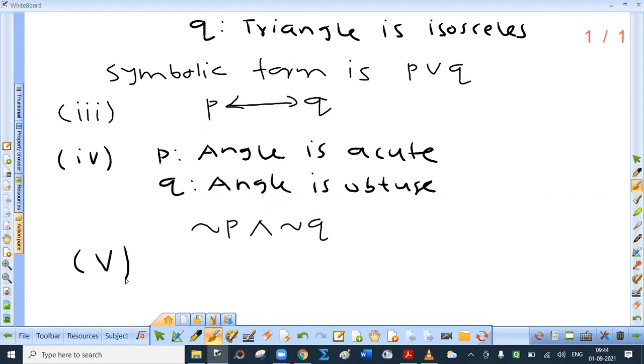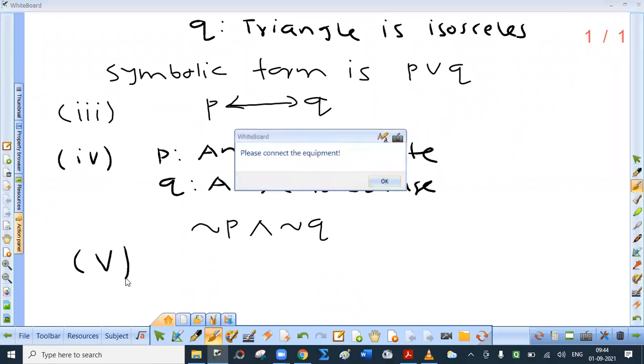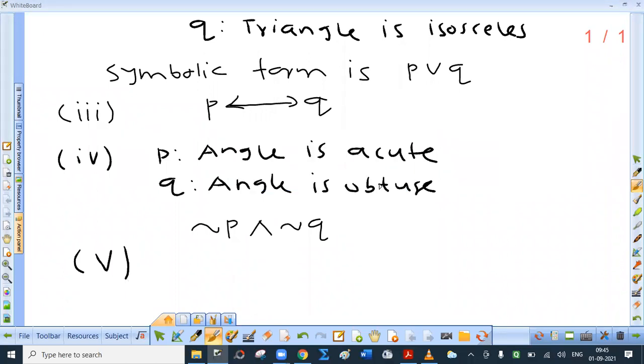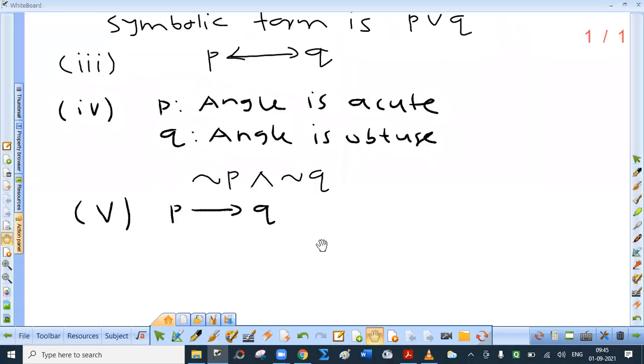Write down, let P denote: triangle ABC is right angled at B. Q: measure of angle A plus measure of angle C equals 90 degrees. Symbolic form is P implies Q. This is conditional.